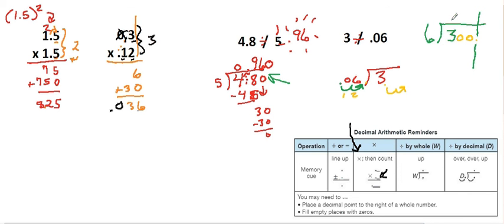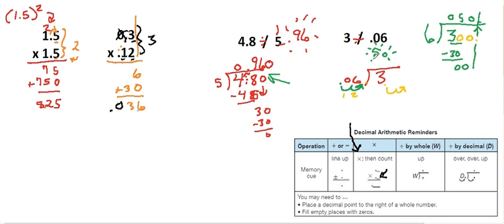6 goes into, nope, not 3, but 6 goes into 30 5 times. Even. And it doesn't fit into 0, so we are done. The decimal went right here. It rises up. After I moved it, it rises up. So the answer is 50.